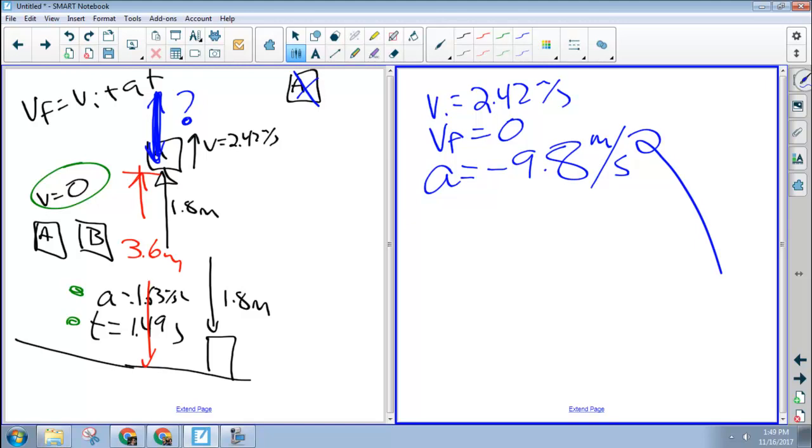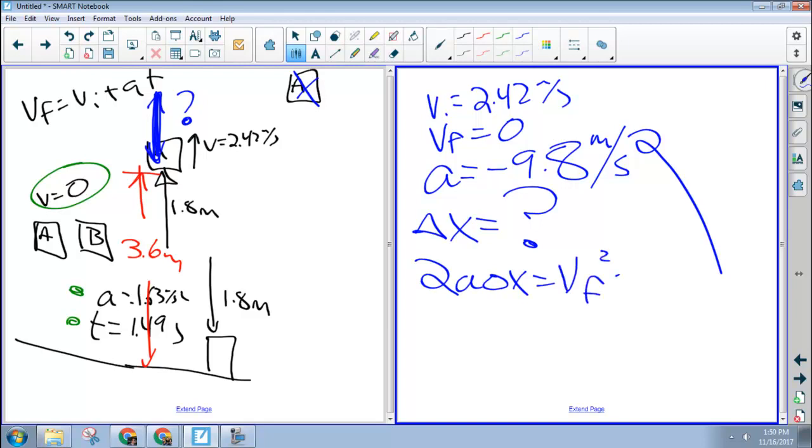Follow? What do we want to find? We want to find out how far up it went. Who's got an equation for me? 2A delta x equals VF squared minus VI squared.